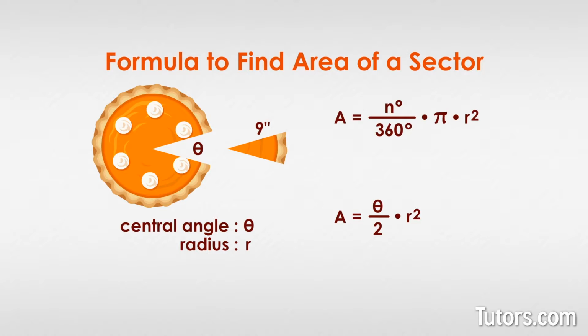Radians are based on pi. A circle is 2 pi radians. So what you really did was replace n degrees over 360 degrees with theta divided by 2 times pi. When theta divided by 2 times pi is used in our original formula, it simplifies to the elegant theta divided by 2 times r squared.